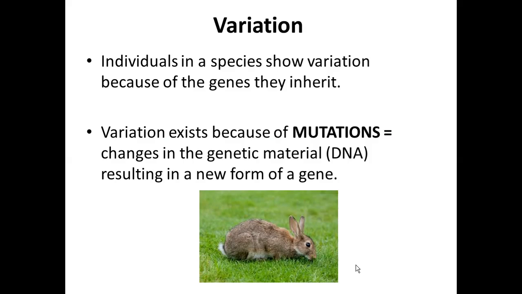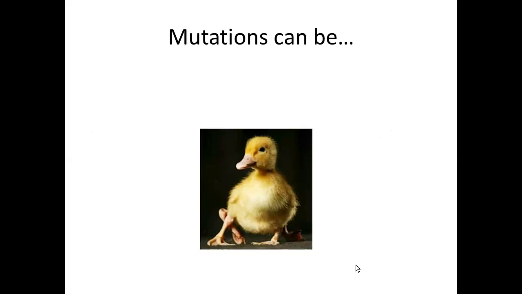We studied variation and how individuals in a species show variation because of the genes they inherit from their parents. Variation exists because of mutation. But what is a mutation? Mutations are changes in the genetic material, I mean DNA, resulting in a new form of the gene.